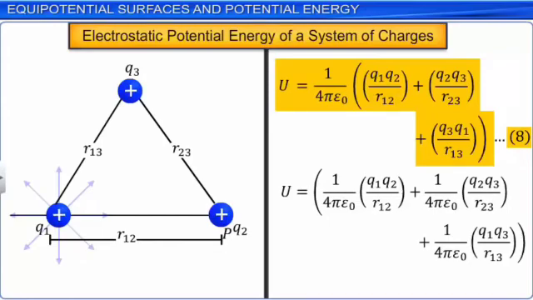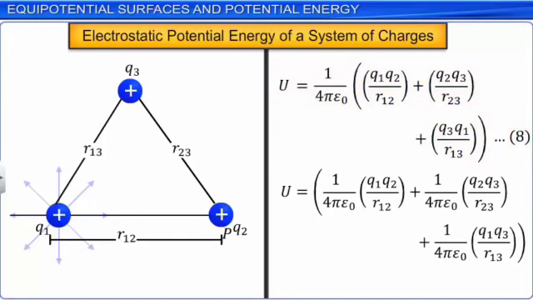This equation can again be written as U is equal to U12 plus U23 plus U13. Let this be equation 9, where U12, U23 and U13 are the electrostatic potential energies for the pairs of charges Q1, Q2; Q2, Q3; and Q1, Q3 respectively.